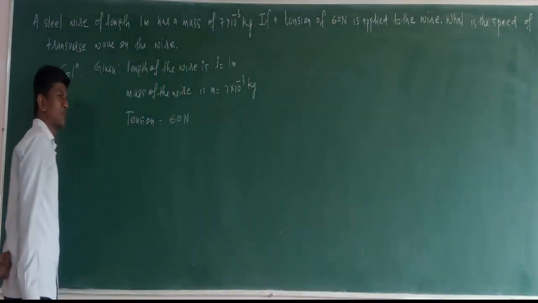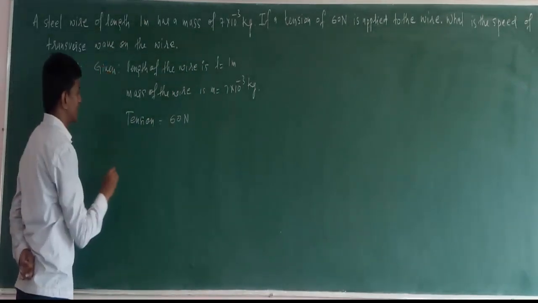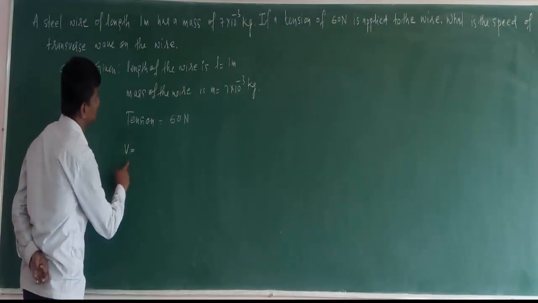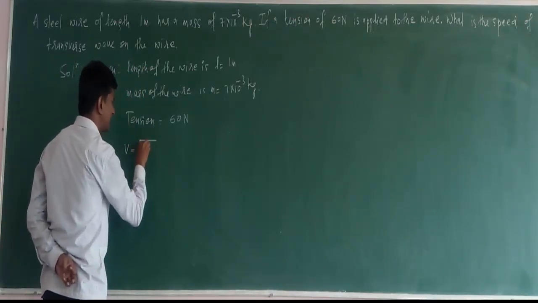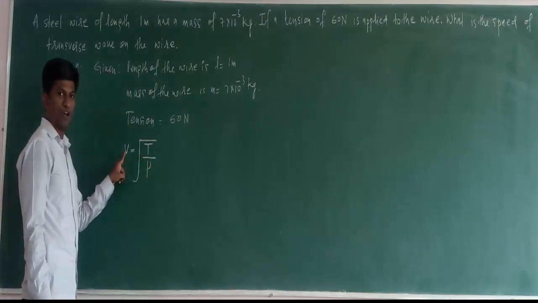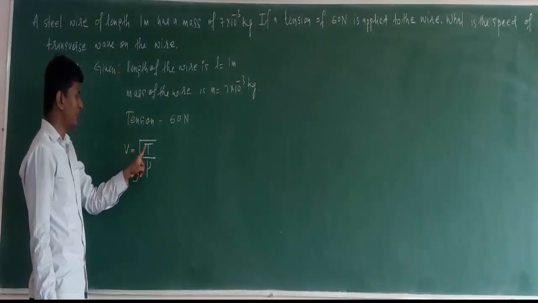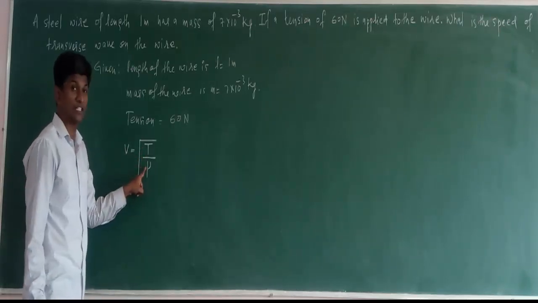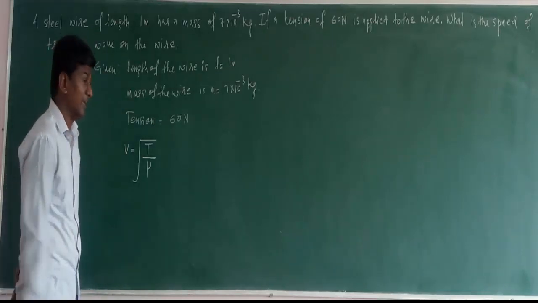The formula is for the speed of a transverse wave in a string: V = root of T divided by mu, where V stands for the velocity of the transverse wave in the wire, T stands for the tension in the wire, and mu is the mass per unit length of the wire.